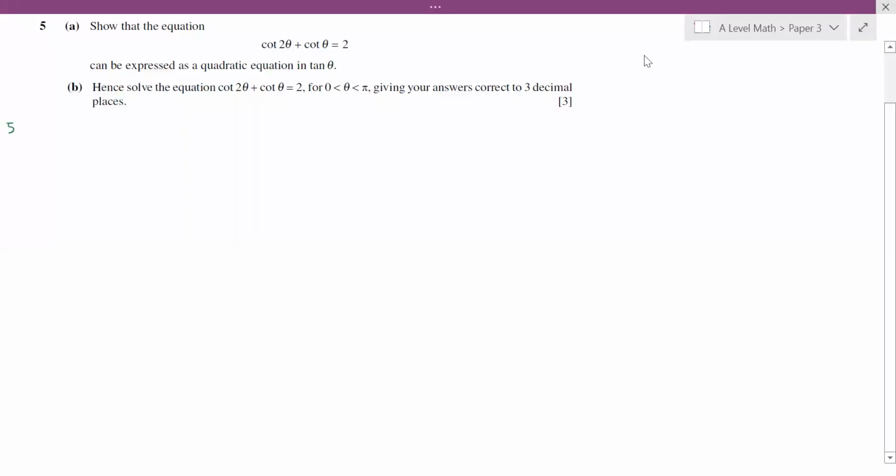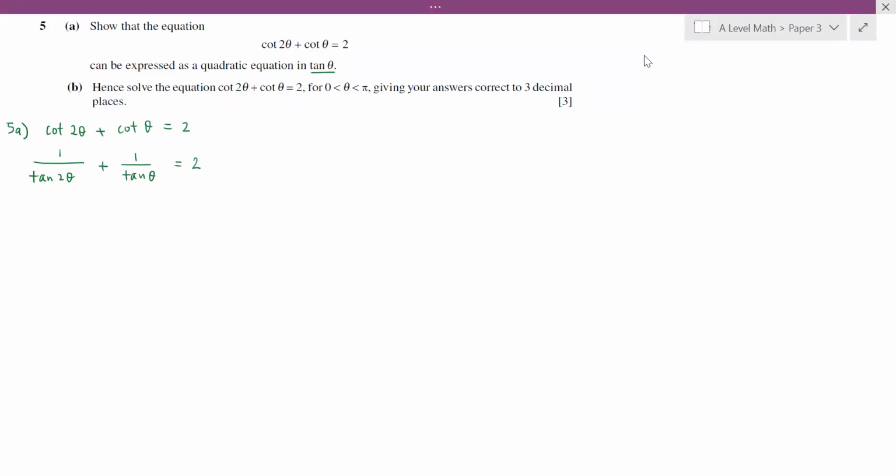As part A, we are to express cotangent 2 theta plus cotangent theta equals 2 as a quadratic equation in tangent theta. Cotangent is the reciprocal of tangent, so that is 1 over tangent 2 theta plus 1 over tangent theta equals 2.